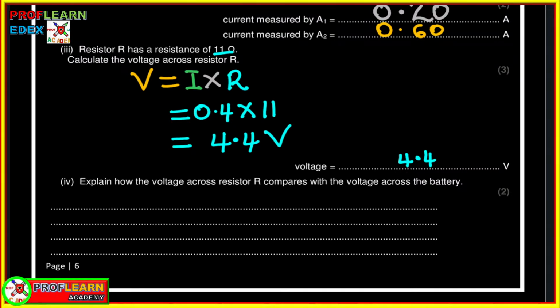All right, the next question states, explain how the voltage across resistor R compares with the voltage across the battery.